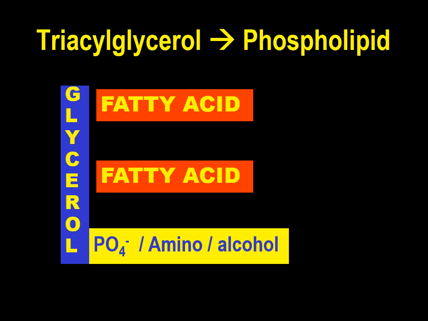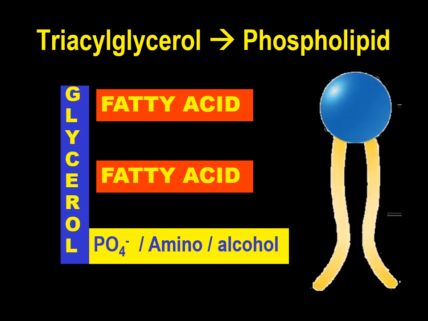The result is a compound that is amphipathic, meaning it has a split personality, with the fatty region hydrophobic and the phosphate region hydrophilic. We draw the phospholipid like this.